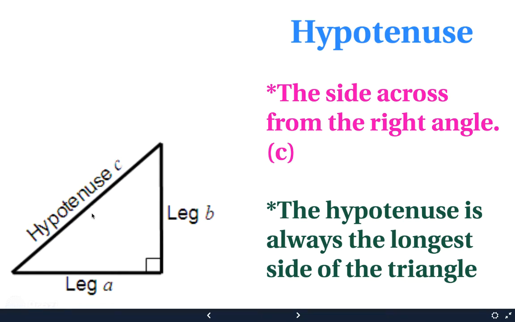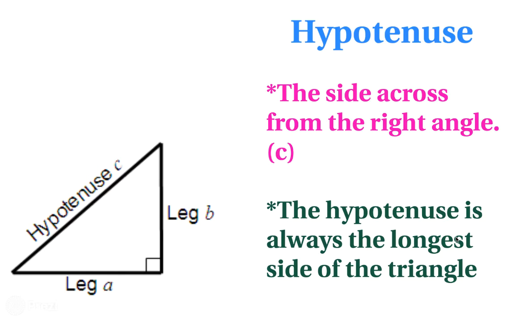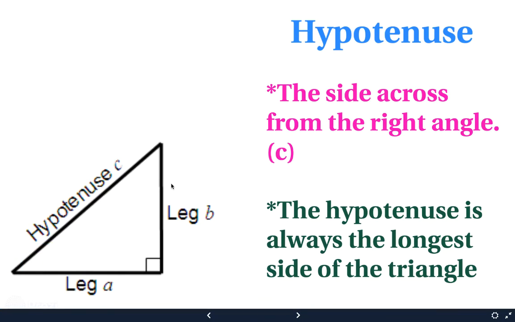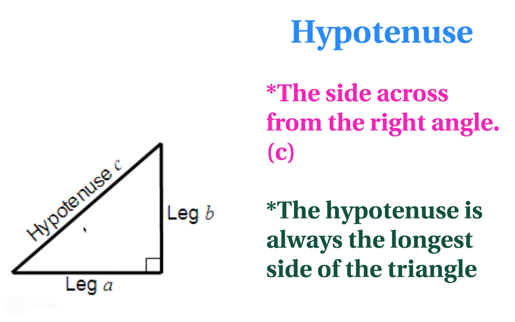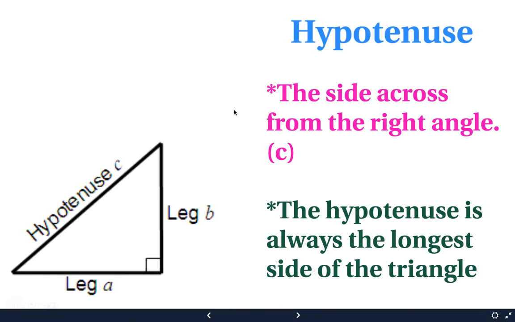It's the side across from the right angle. This is side C, and the hypotenuse should always be the longest side of your right triangle, always. So if you're solving and you get that your leg is longer than your hypotenuse, you need to rethink this problem because something went wrong.